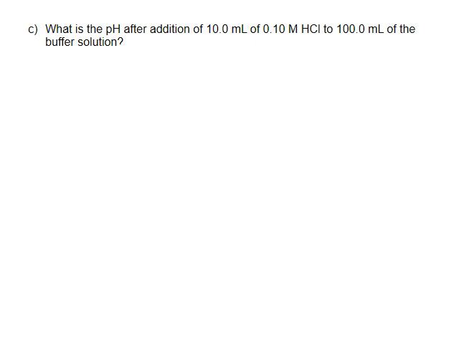In part C, we're going to be adding acid to our buffer rather than base. Again, let's draw a picture. This time we have 100 milliliters of our buffer, which remember contains ammonia and ammonium.